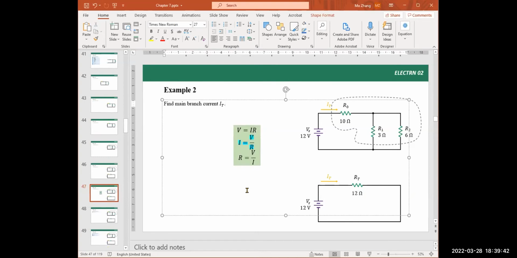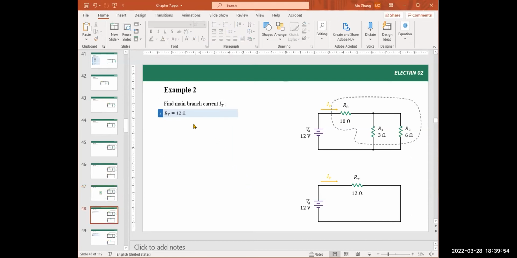This should be on the first page, the first section in the cheat sheet. This is another formula we use all the time in electronics. Okay, let's see. Since we calculated RT already, no need to redo the work, no need to reinvent the wheel. So total resistance is 12 ohm.